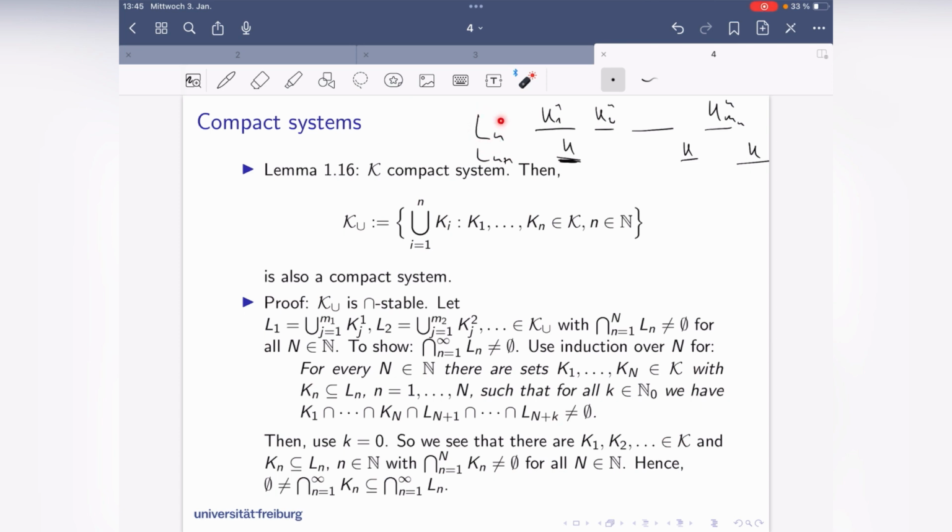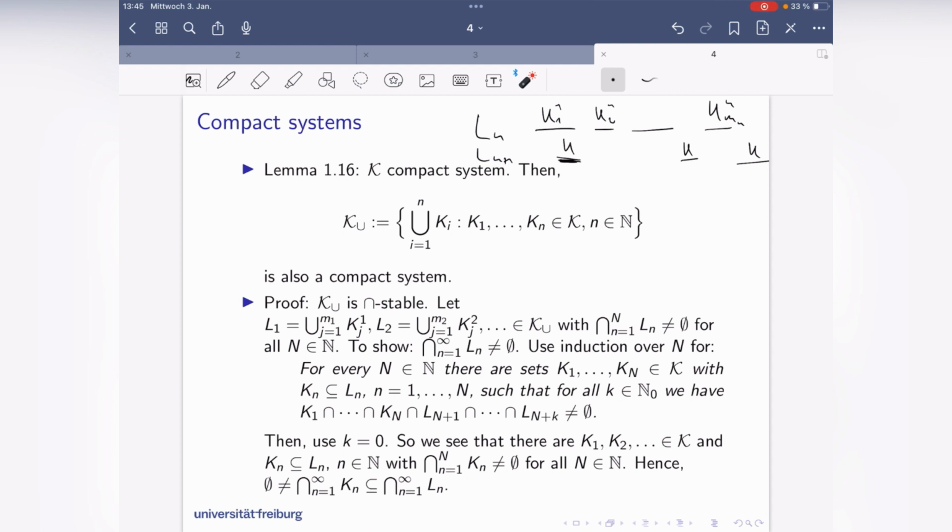well, maybe this one here, such that for k we have that the intersection of these here, well, and below them you can use the whole unions again, or maybe not. For k equals 0, then this here is gone. We have K1 to Kn is not the empty set.